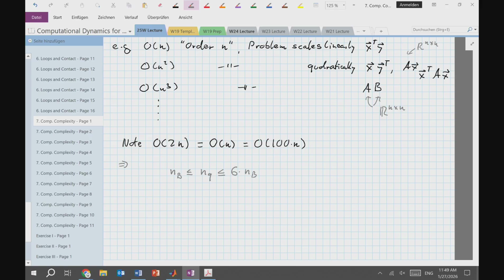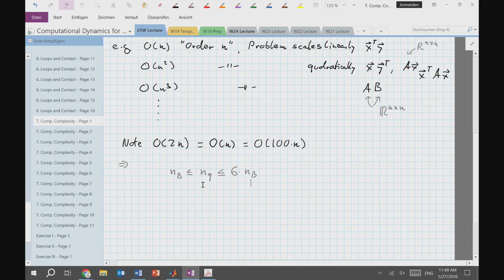But in reality, we just have NB floating bodies. Right? So there's a limit how large NQ can be in relation to NB. And since it's bounded between 1 and 6, it doesn't matter for us whether n is NQ or NB.